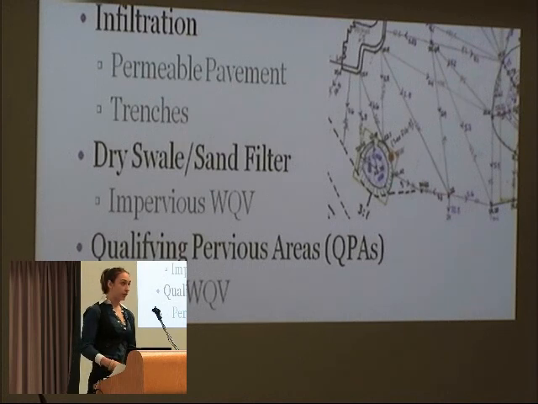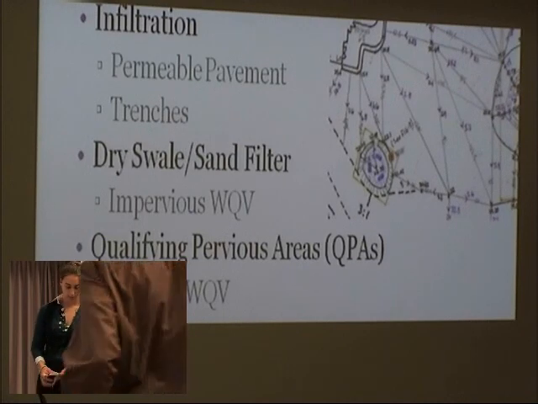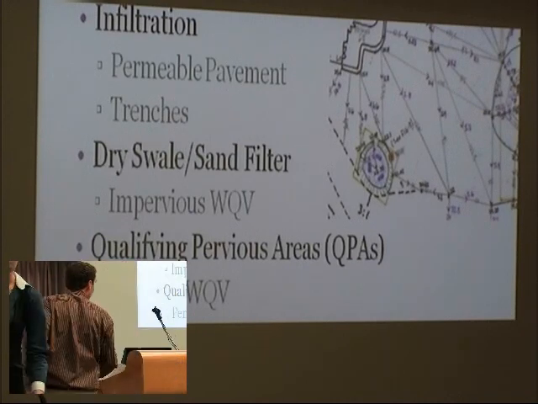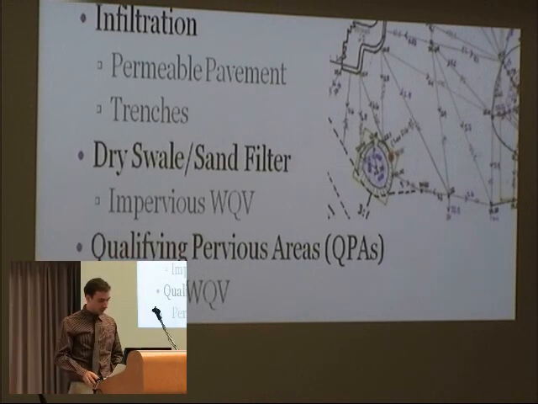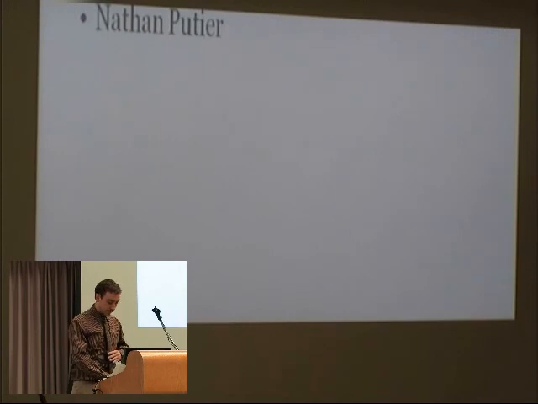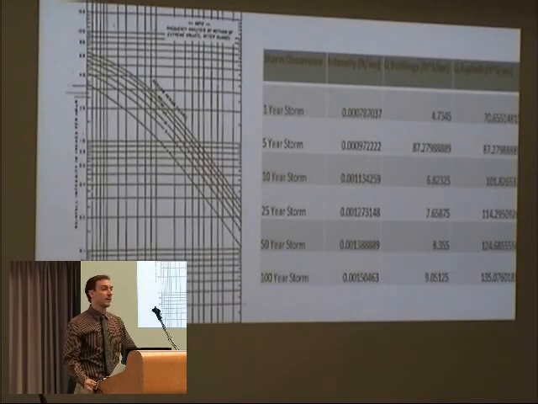To talk further on our runoff analysis, I'd like to hand it over to Nathan Poutier. Thank you, Ashley. My name's Nathan Poutier, and I was in charge of runoff calculations for the site, as well as wastewater treatment.